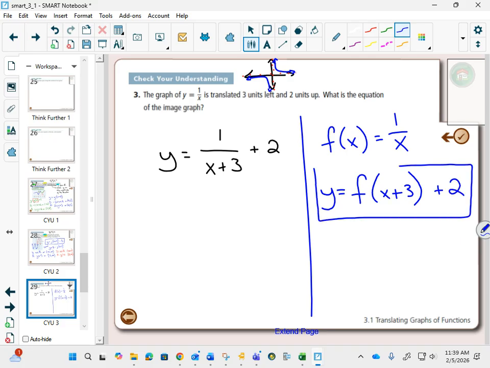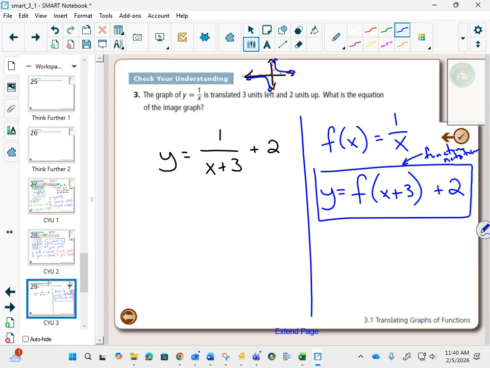This is 3 units left and 2 units up in function notation, which is like example 1 and example 2, because we had to do it in terms of g of x, in terms of j of x. We were using function notation in those. So if I want to just make a note here, this is in function notation.